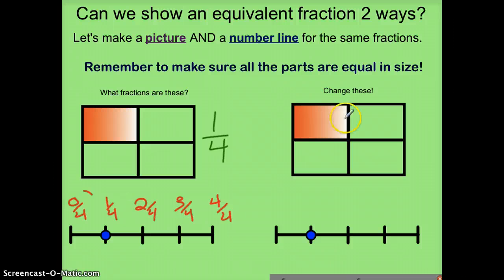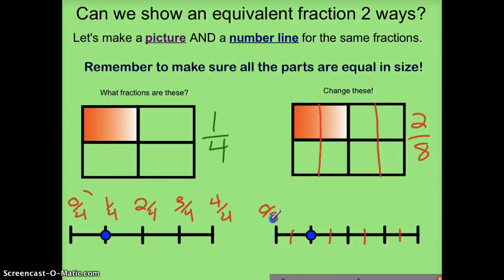Now I'm going to change the fraction I have over here. One way I could do it is to split each section in 2. So now my new fraction is 2 out of 8, or 2/8. I'll do the same thing on my number line, split each in 2. So I have 1, 2, 3, 4, 5, 6, 7, 8 segments.